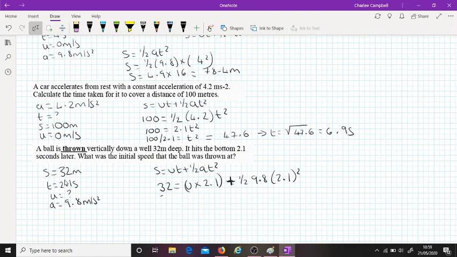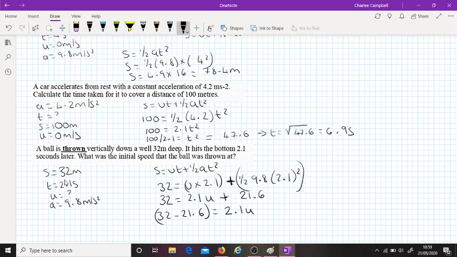So we end up with 32 equals 2.1 U plus, we'll work out whatever that is there. So 4.9 times 2.1 squared gives us 21.6. So take that to that side, it's plus on this side, so it becomes minus on this side. So 32 minus 21.6 equals 2.1 U.